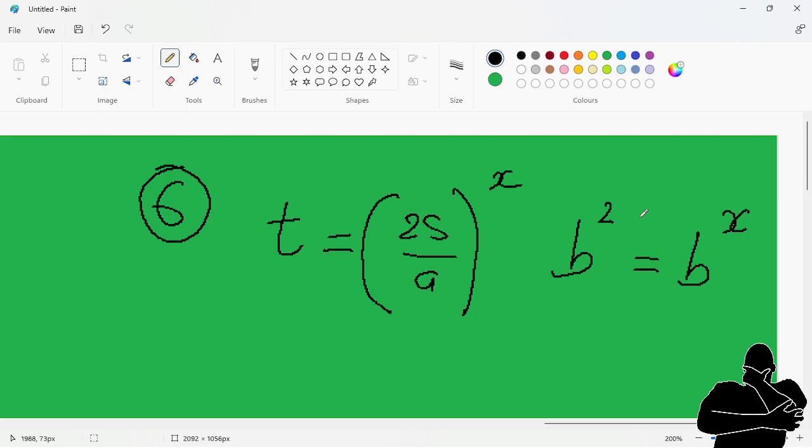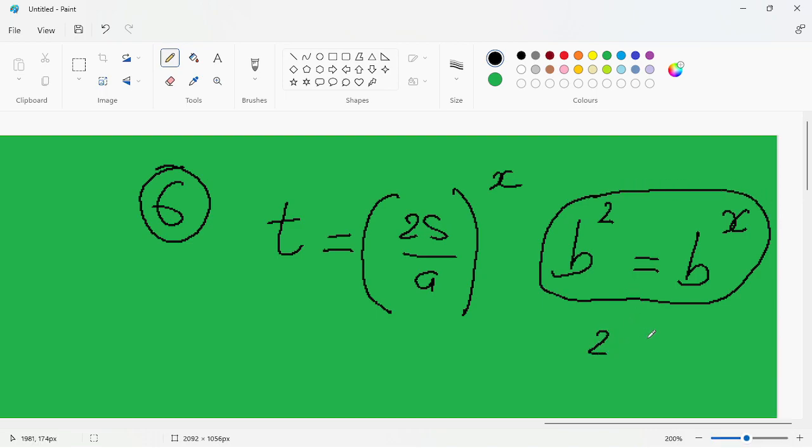Now, when we have something like this, we can easily find what x is by just saying 2 is equal to x. Because the bases are the same, so the 2 and the x must also be the same if the equation is supposed to be true. So if we can get something looking like this, then we can solve for x. But how are we going to get something looking like this in the first place? That's what we're going to do now.